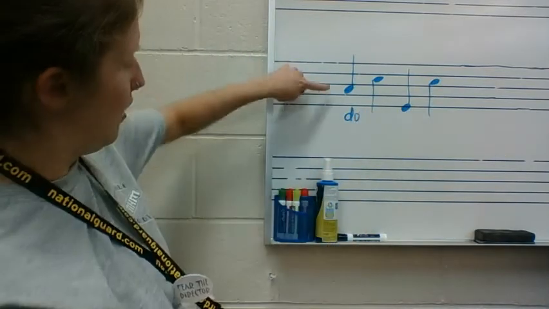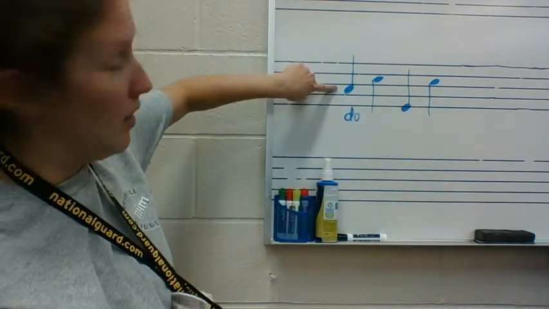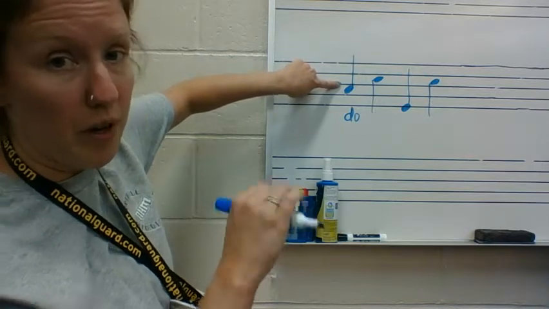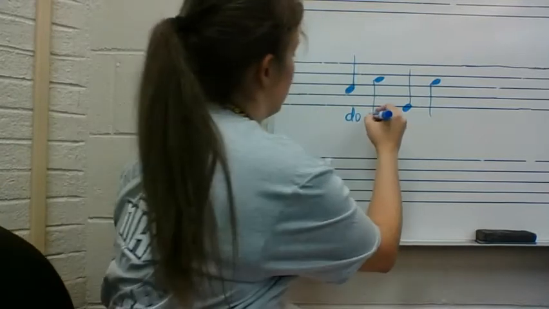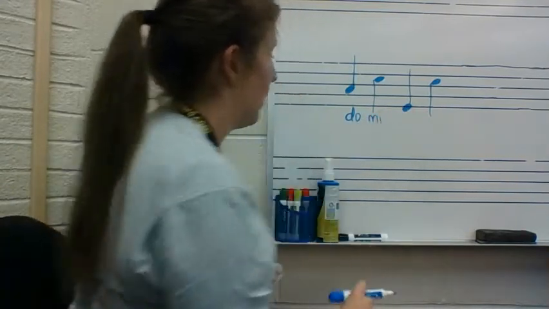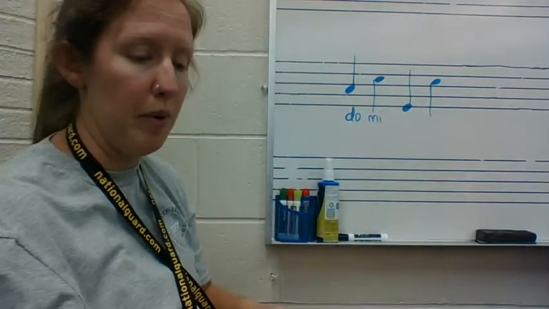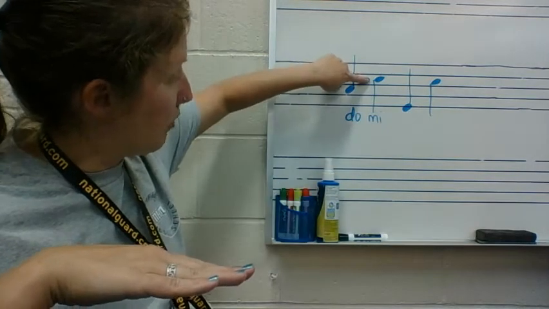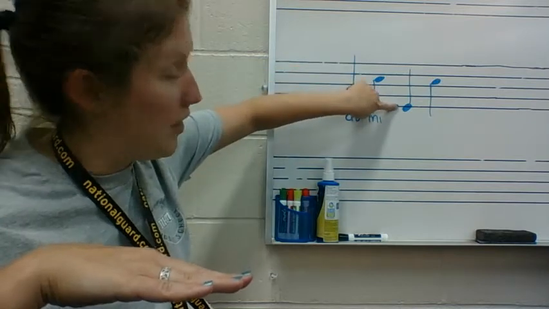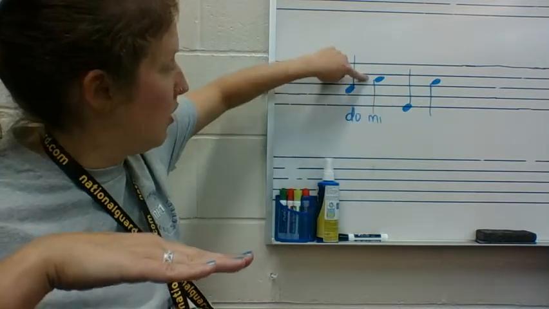Do. So if do is this space, this line is re, so we're going up, which means this space is mi. All right, so I'm going to put my marker down for a second, and I'm going to sing along with myself. So we're going from this space all the way down to this line, right? So this is mi.